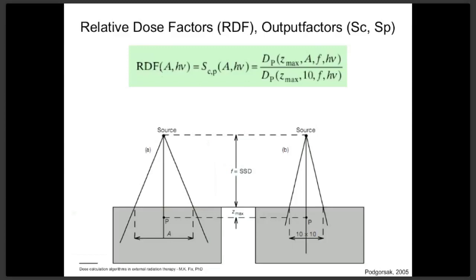And this relative dose factor is defined as the ratio of the dose in water at a certain field size, at dmax, divided by the dose, again in water, at a reference field size of 10 by 10. And in Kahn's notation, this is just the product of the collimator scatter and the phantom scatter.